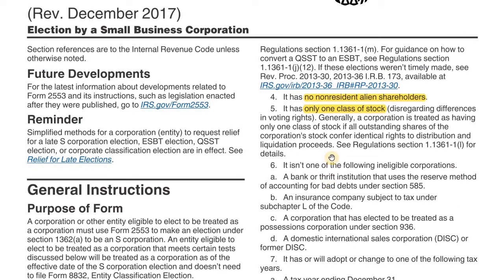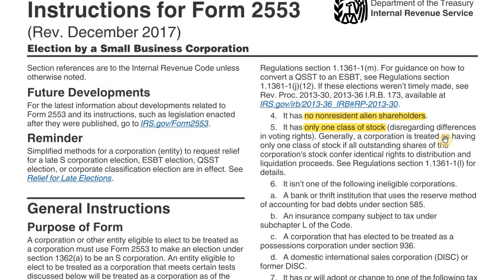Another big one here is no non-resident shareholders. The U.S. is probably one of the easiest places to set up a company in the world. If you're a non-resident, for example someone living in France who's a French citizen, they can go to the Wyoming business website and launch a Wyoming LLC within 20 minutes.